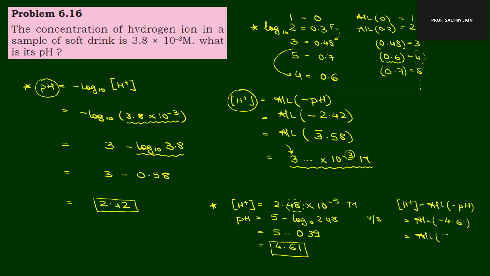So this will be converted into bar 5.39. So this will be 10⁻⁵ and 0.39 जो है that will be somewhere between 2 and 3. So 2 point something something into 10⁻⁵ molar will be the answer.